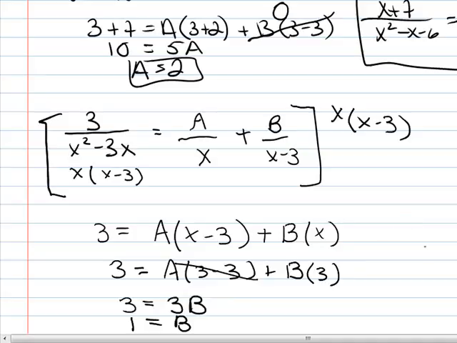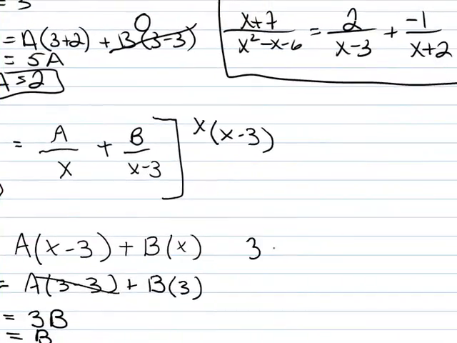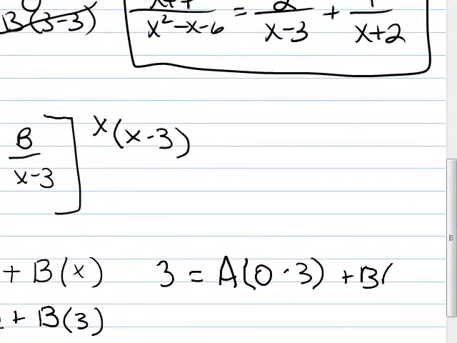Over here you'd have 3 equals, you'd put 0 in for x, and plus b times 0.